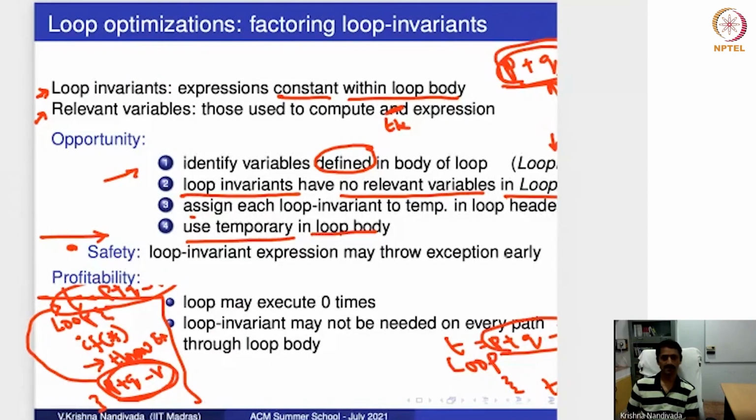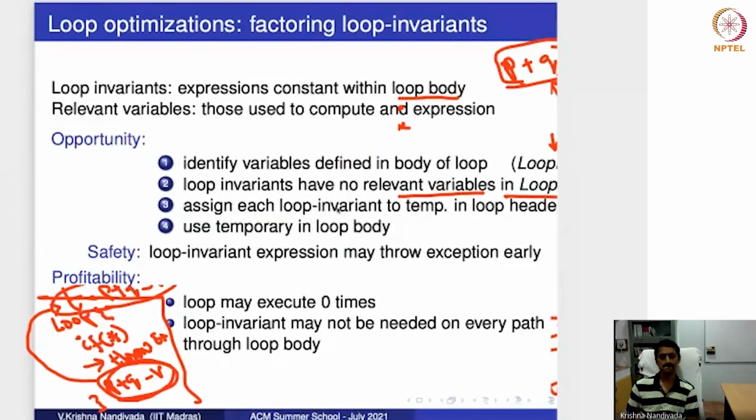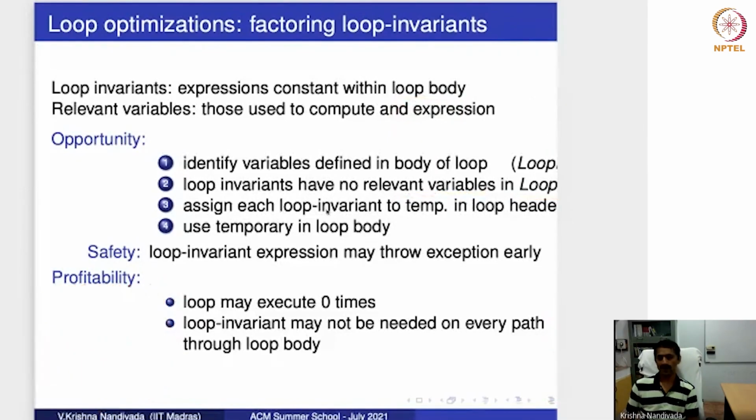Okay? Can someone tell when is loop invariant code motion profitable? The loop should execute at least once. If the loop executes 0 times, then we have done the computation unnecessarily. Similarly, if this loop invariant code is inside an if branch and that branch is taken rarely, or never taken, then moving it out is not profitable.